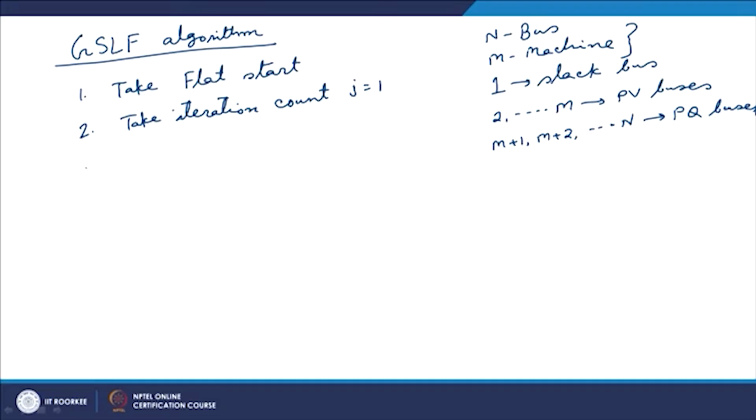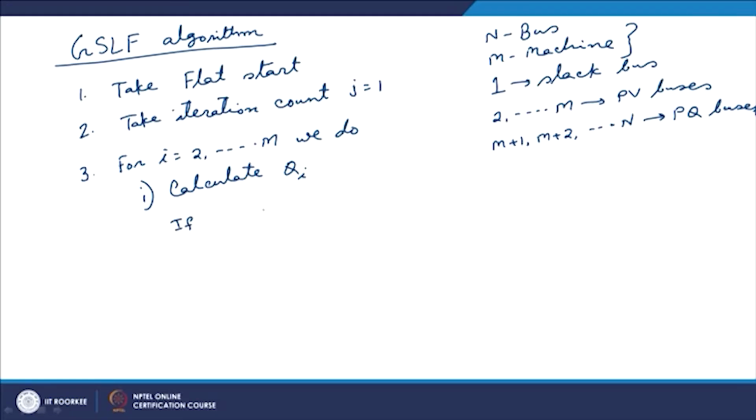Then, for i equal to 2 to m, we do the following. First we calculate Qi. We have already looked into the expression for how to calculate Qi using the initial voltage magnitudes and angles.